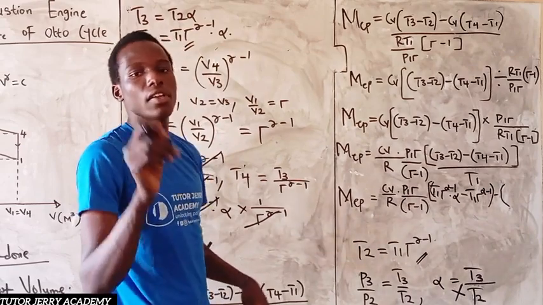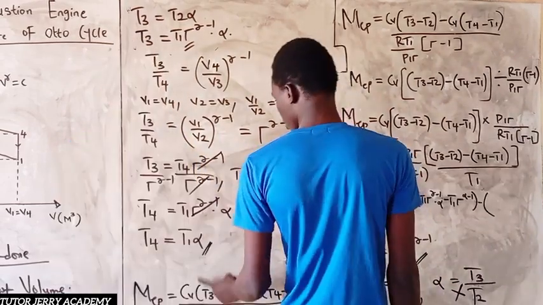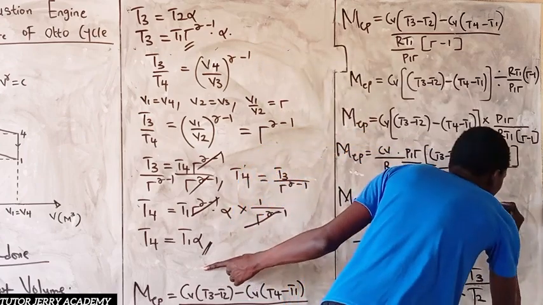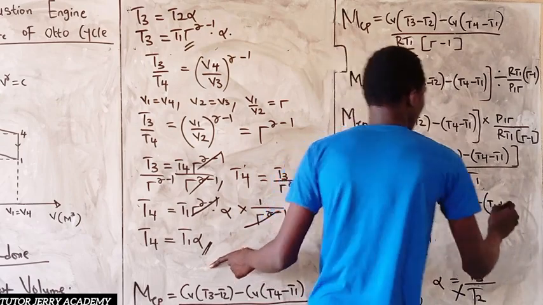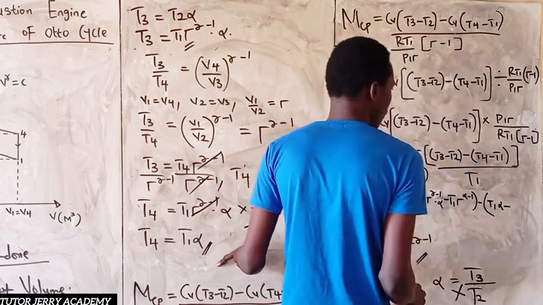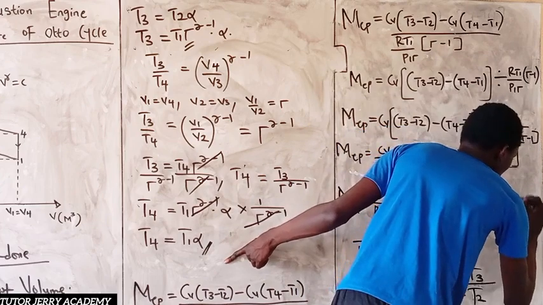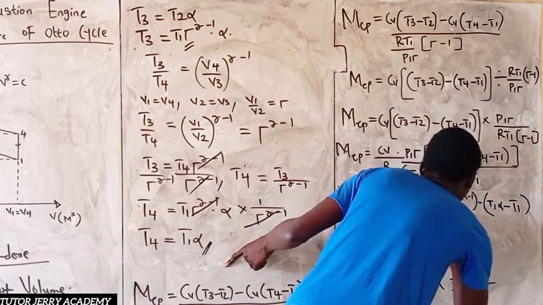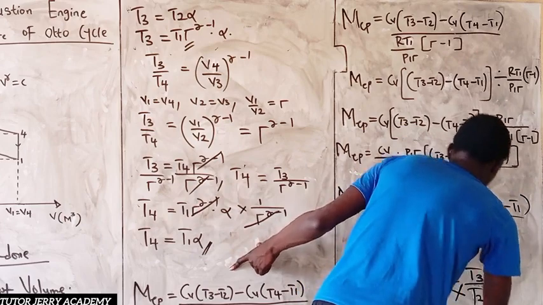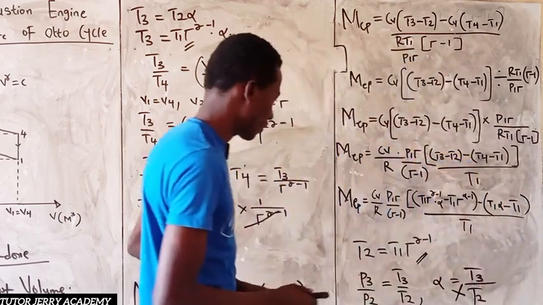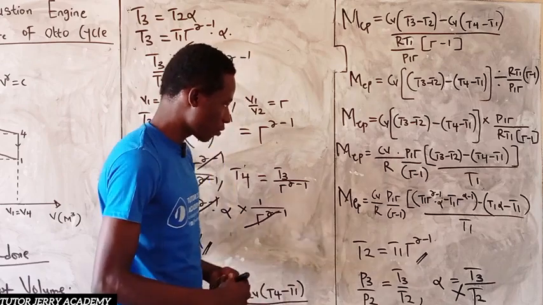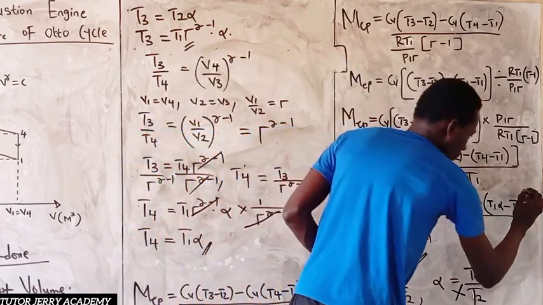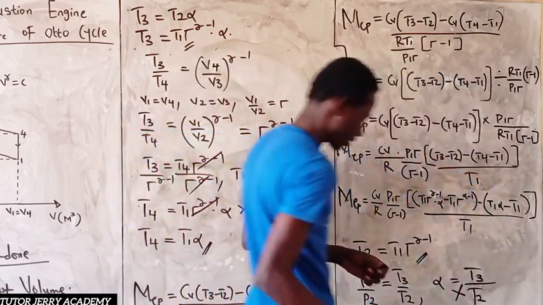I have T4 equal to T1 alpha minus, what is next is my T1, close bracket, all over T1. So this is what I have. Don't forget your bigger bracket here.